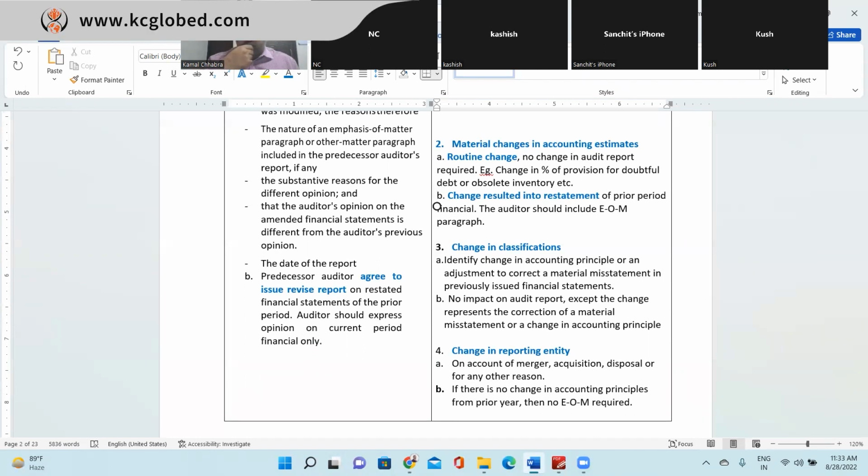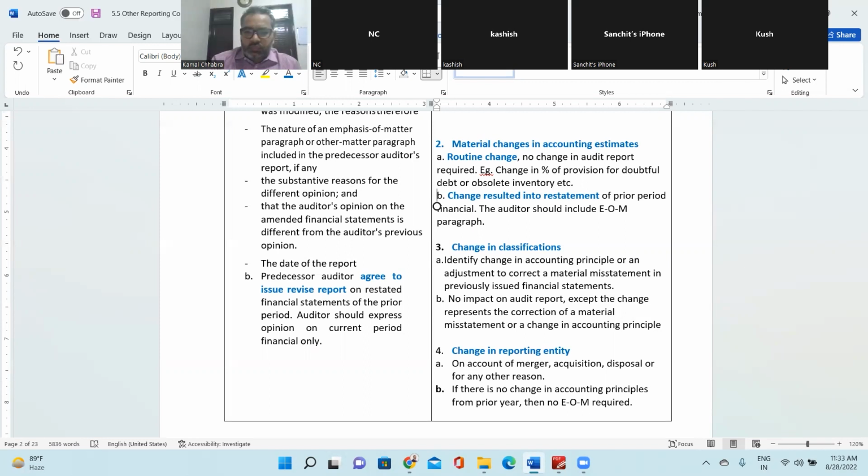So any change in those would be the change in accounting estimate. Yeah, any examples you would like to add? Like changing the useful life of assets. Will that be part of this? Yeah. Anything else?